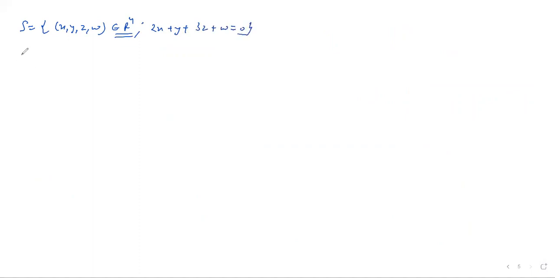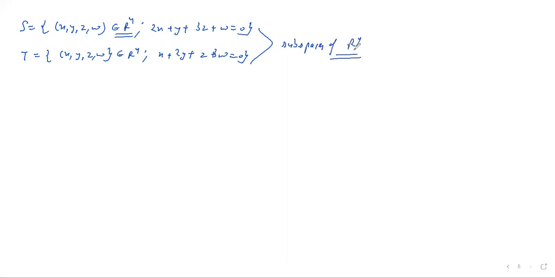And there is another set T, which is (x, y, z, w), also belonging to R to the power 4, with x plus 2y plus z plus 3w equals 0. Now S and T are subspaces of the vector space R to the power 4, and I want to find the dimension of S intersection T.